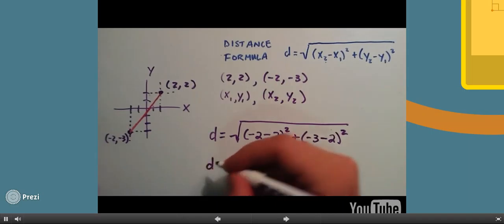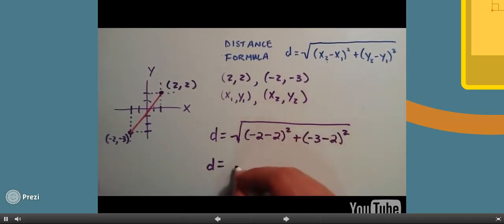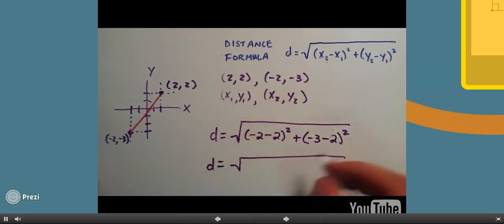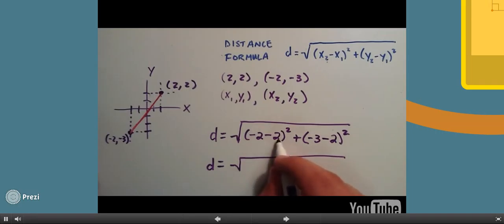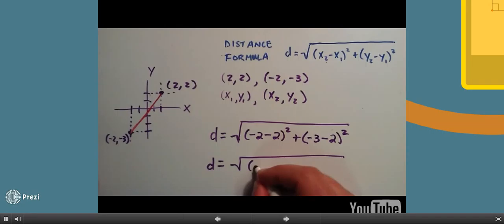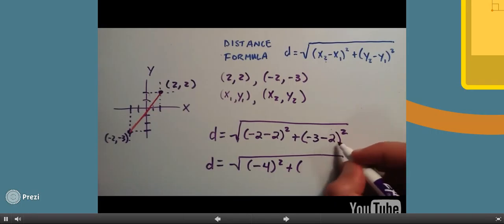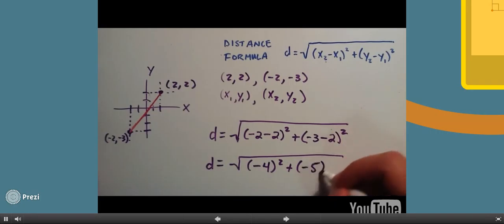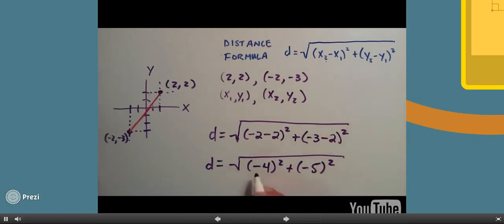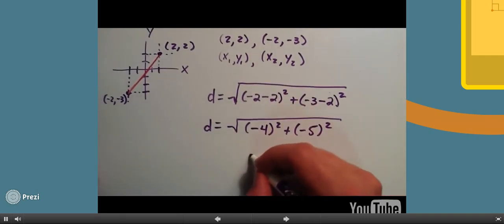So the distance between those 2 points is simply the square root of (-2 minus 2) squared, and -2 take away another 2 is -4 squared, plus (-3 minus 2), which is -5 squared. And so now -4 squared is the same thing as -4 times -4, which is 16.